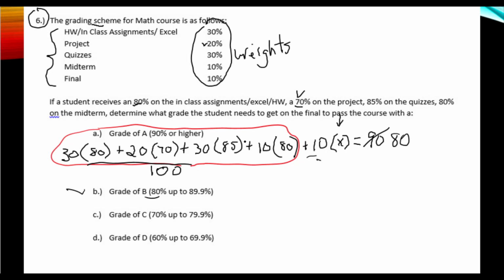Okay, so we know that this is the same. So we got 7150 plus 10x equals, and I'll do a little bit more to it, divide by 100, equals 80. Because that's what we're trying to get now.